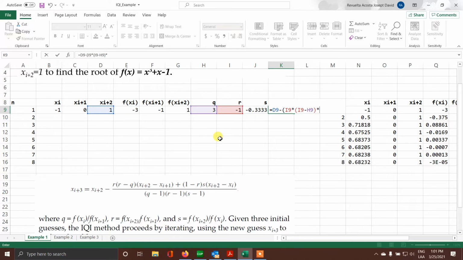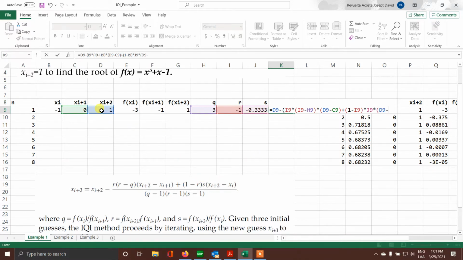Okay, and then we have plus, right here, 1 minus R times S times xi plus 2 minus xi, sorry, xi minus xi. Yes. Okay. And then we just have to close the first parenthesis.